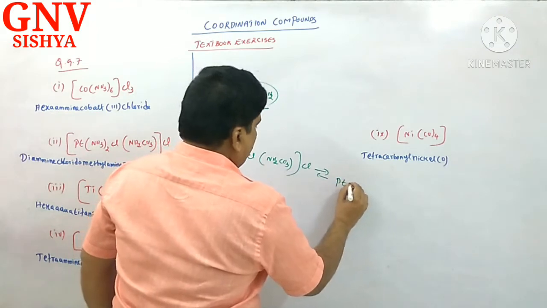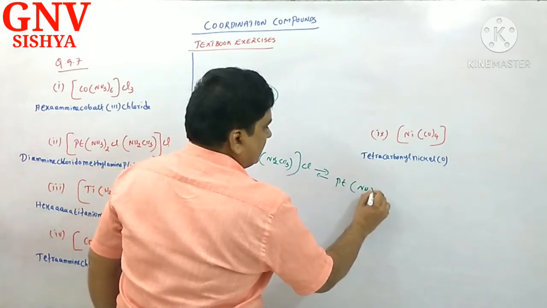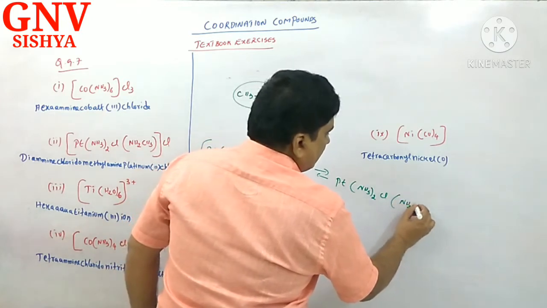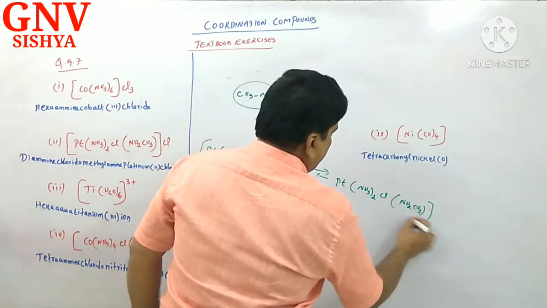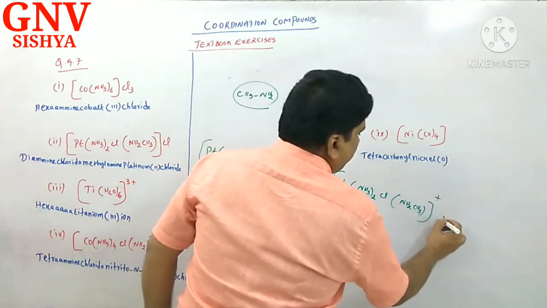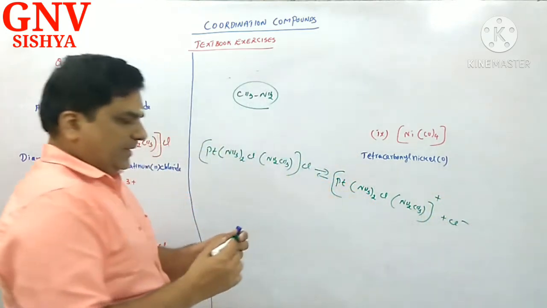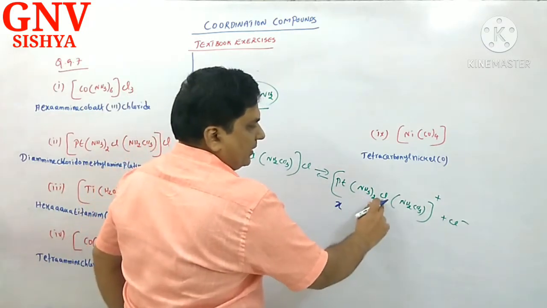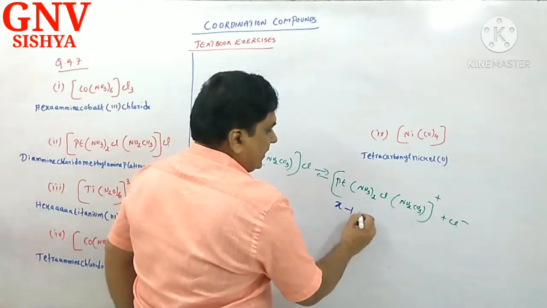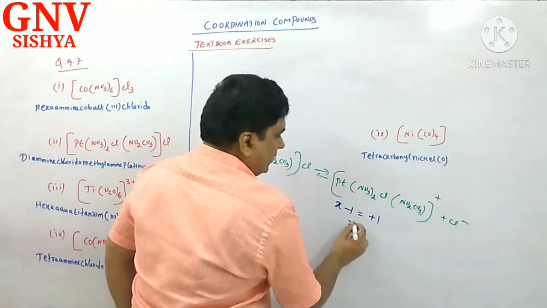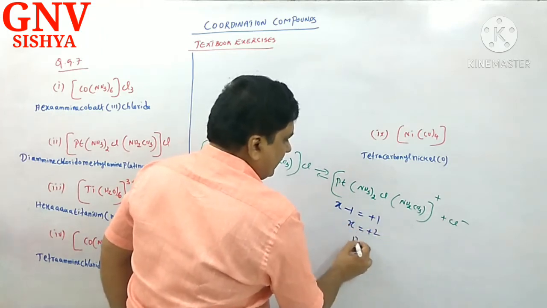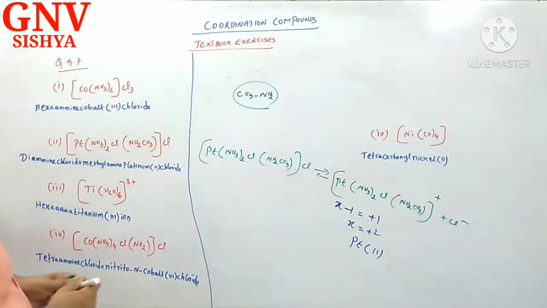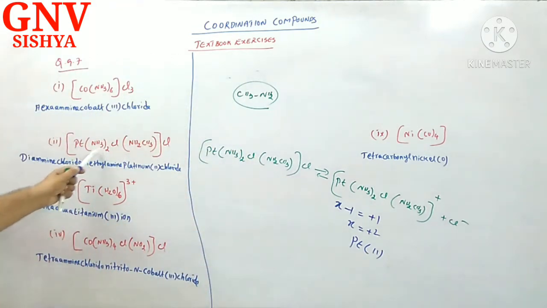So [Pt(NH3)2Cl(NH2CH3)]+ Cl minus. Correct? Now this x is neutral. Cl is minus 1. x minus 1 is equal to plus 1. So x is equal to plus 2. So platinum is present in oxidation state 2. Correct? Now you check the naming.